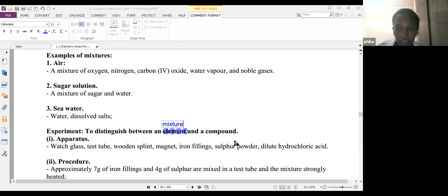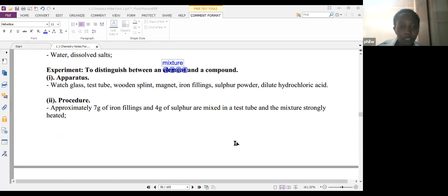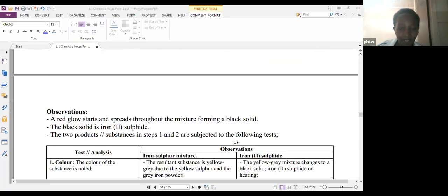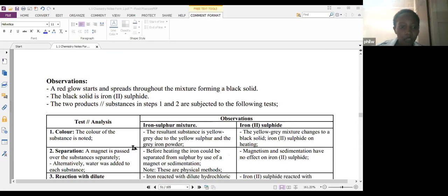The important thing to note is that you can take two substances and make a mixture, and again, the same two substances and make a compound. After this, we will be looking at the differences. In the video I'm going to share, I would want you to consider the color of the mixture and the compound, the iron sulfur mixture and the iron(II) sulfide.